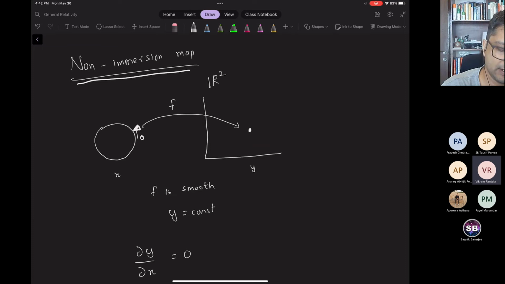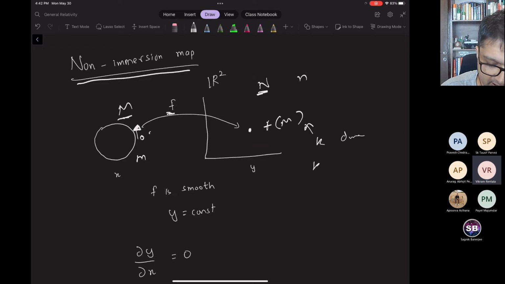In general, if I'm doing this mapping from M to N, even if N is higher dimensional, I could always map this so that I map M to a lower dimensional subspace. So if this is M, this subspace F of M could be, let's call it K dimensional, and K can be less than M. If K is less than M, then basically I'm going to reduce the dimensionality of the tangent space, and then it would become a non-immersion map.